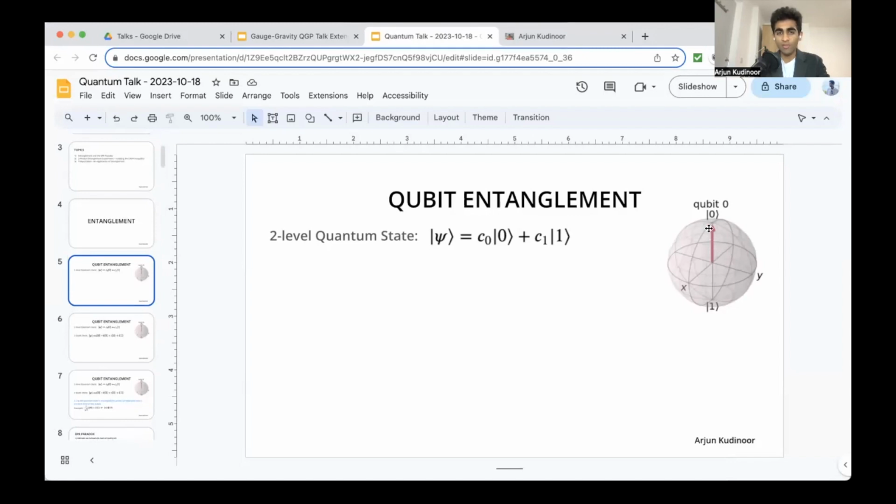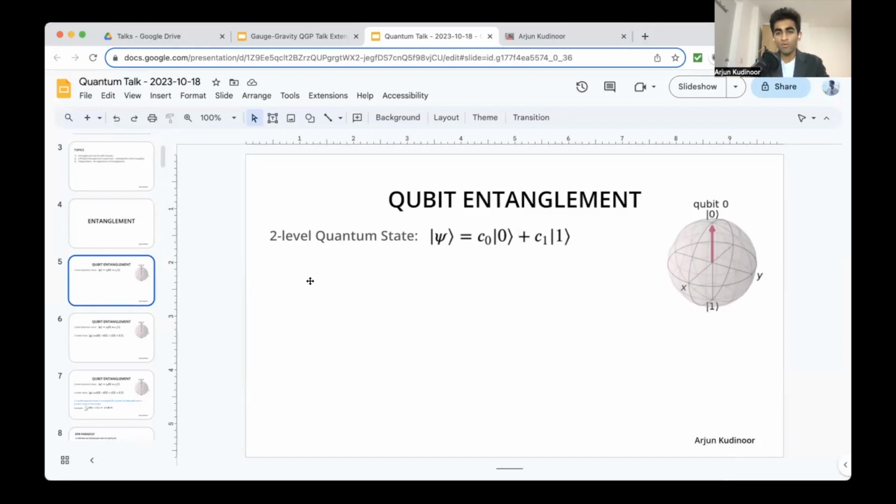A Hadamard similarly does some rotations. It rotates this vector and sends it to the state that lies at 0 plus 1, which I think is over here or over here. It's one of those two. I'm not sure. But all quantum gate operations on single qubits are rotations on the Bloch sphere.